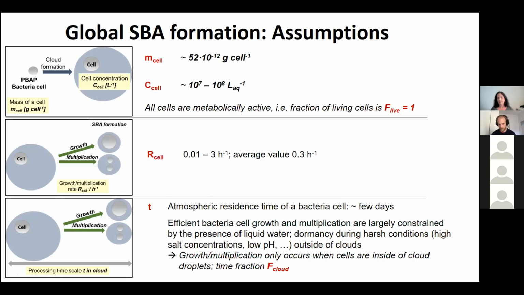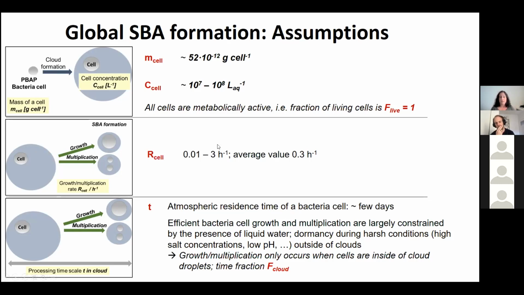We have models to estimate that, which mostly depends on the size of the particle. But we can also estimate how much of that time is actually in cloud. It's only a fraction: on average, about 15% of the time a particle spends in clouds, depending on the region. It's certainly not 100%, but it's not negligible.